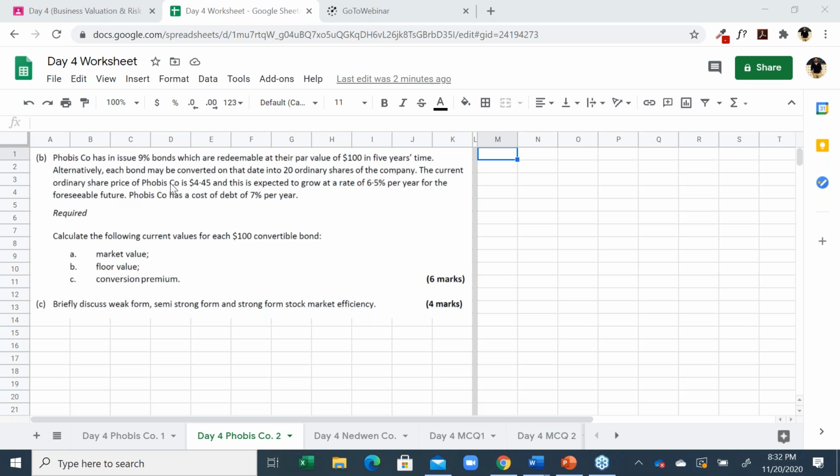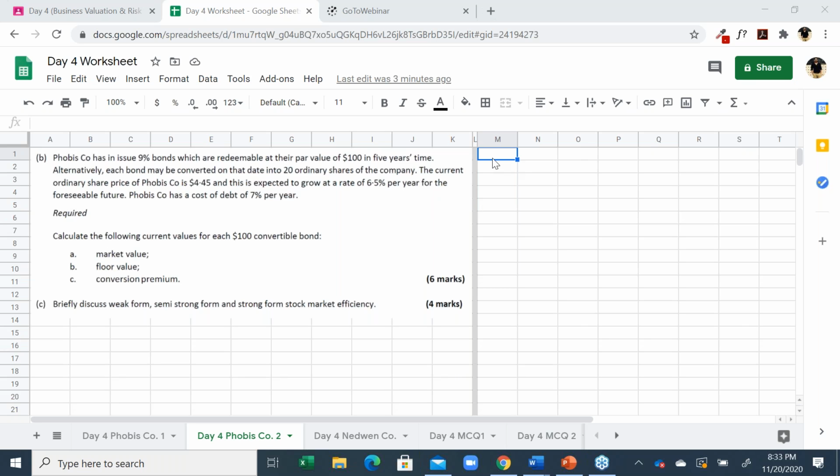The current ordinary share price of Forbes company is $4.45, and this is expected to grow at a rate of 6.5% per year for the foreseeable future. Forbes company has a cost of debt of 7% per year. Now, what we are supposed to do is we have to calculate the market value of this bond, the floor value, conversion premium, and also we have to discuss different types of stock market efficiencies. So let's start with the market value first.